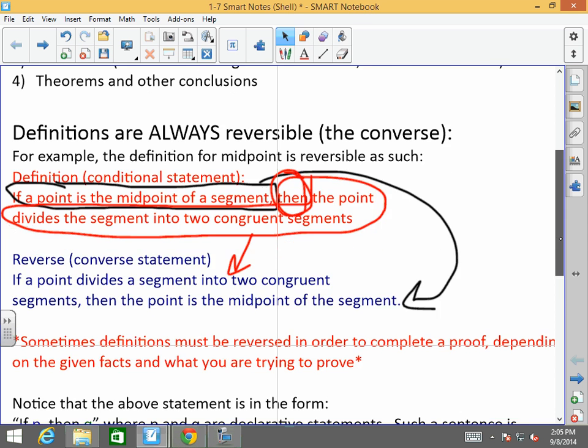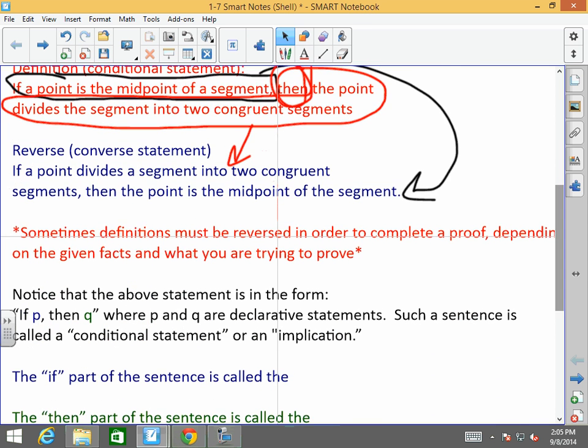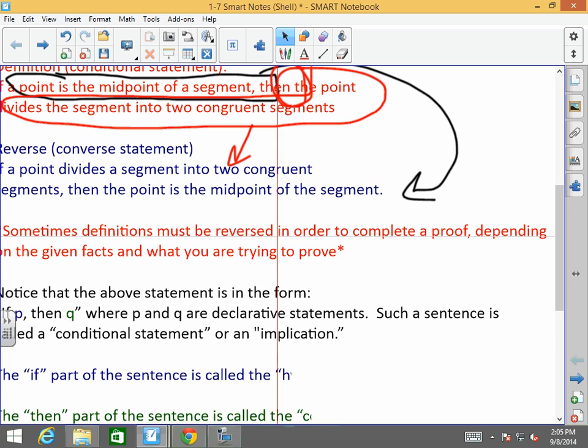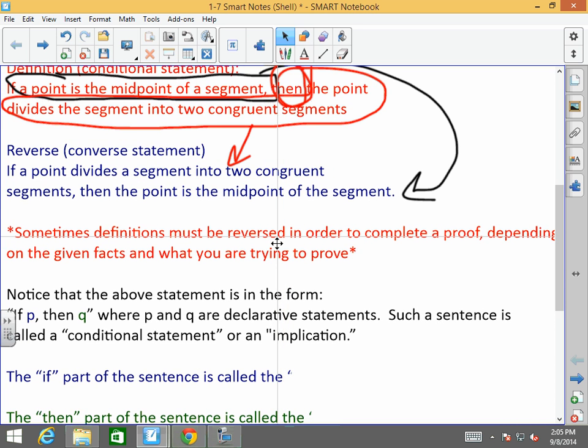Now, let's continue. Some definitions must be reversed in order to complete a proof, depending on the given facts and what they are trying to prove. So sometimes you have no choice but to use the converse. Okay? Sometimes you have no choice. Now I know I just said this already, but I'm going to repeat it because I want to make sure that this really drives home with you guys.